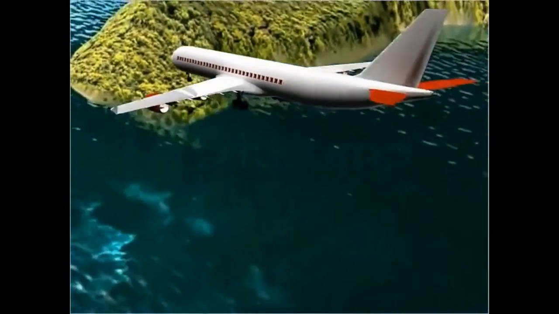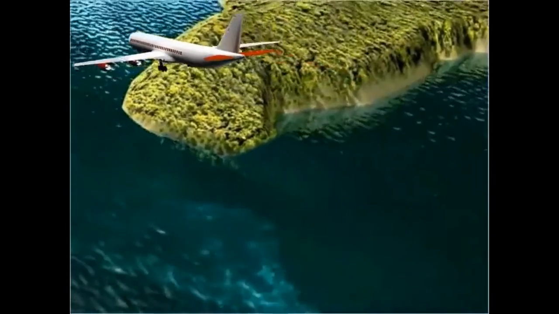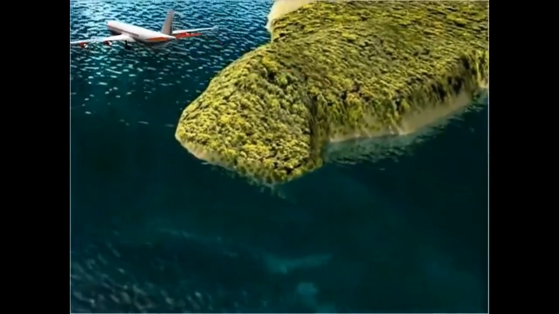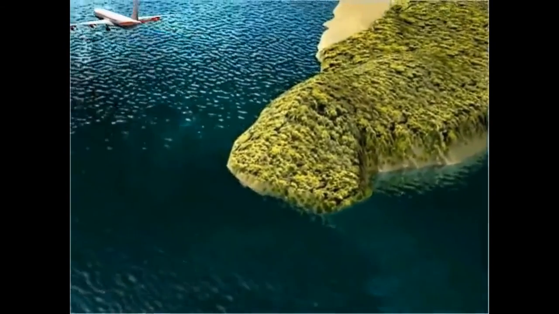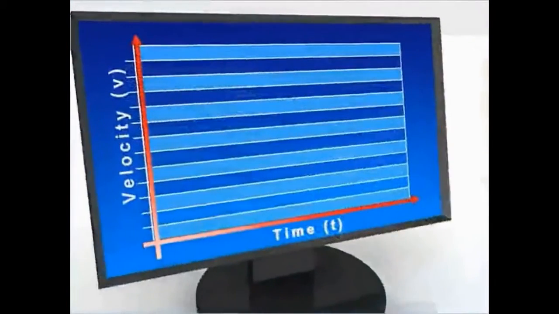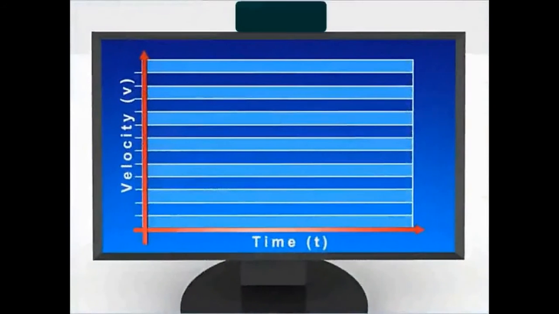Suppose an object moves with a velocity v expressed in meters per second, defined by the equation v of t is equal to 2t, where t represents time in seconds.